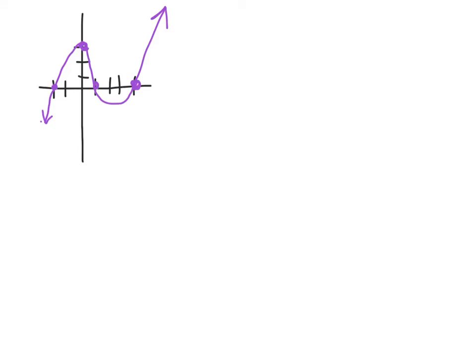So my last example is to write the equation of this cubic given the 3 x-intercepts and a y-intercept. So remember, if I have an x-intercept of negative 2, that would go into the factor of x plus 2. This 1 would go into the factor of x minus 1, and this 4 would go into a factor of x minus 4.